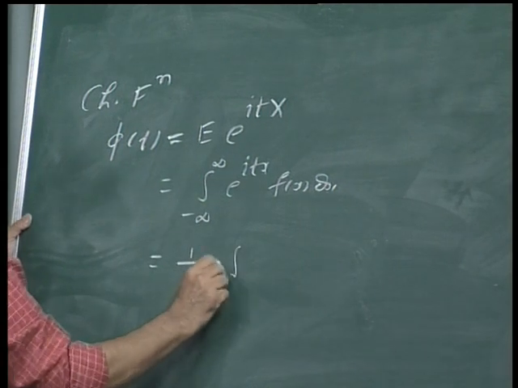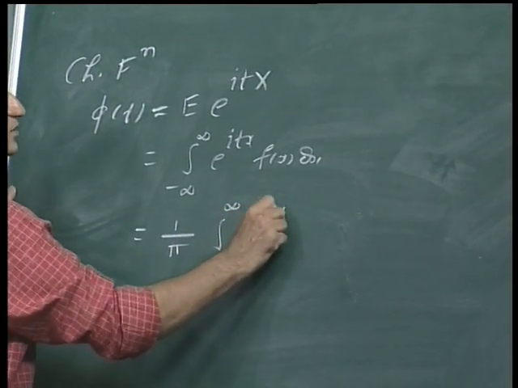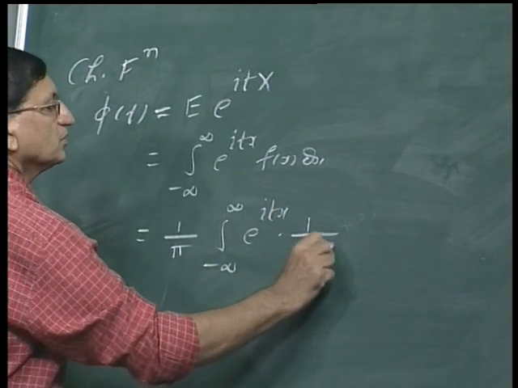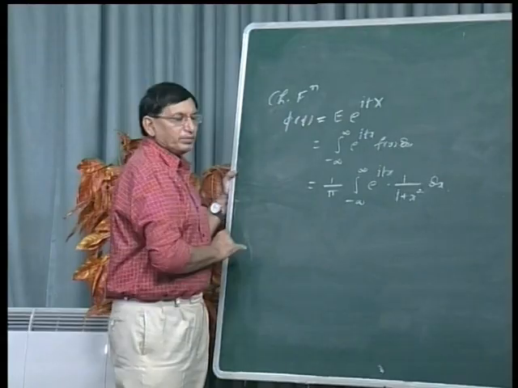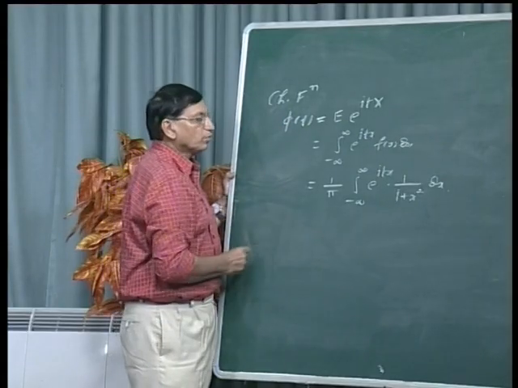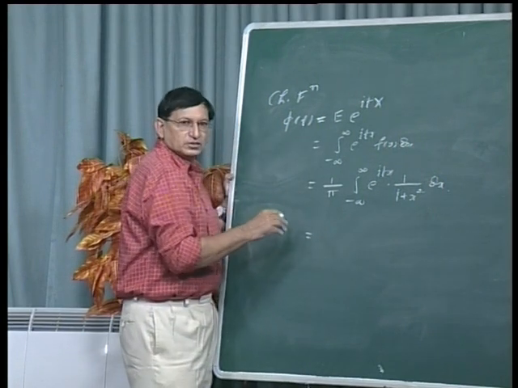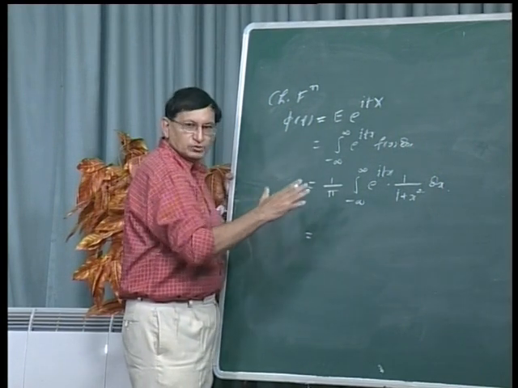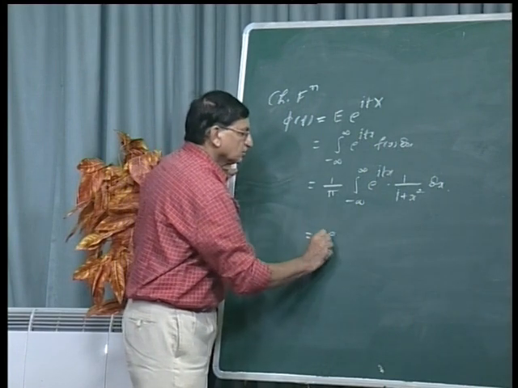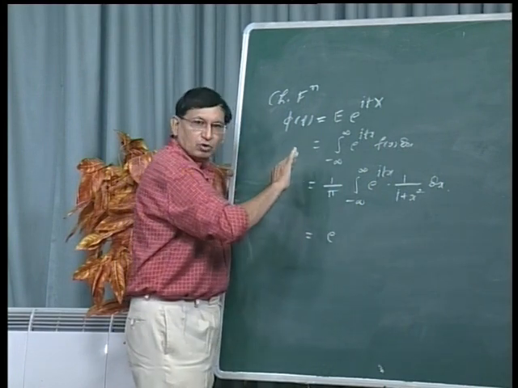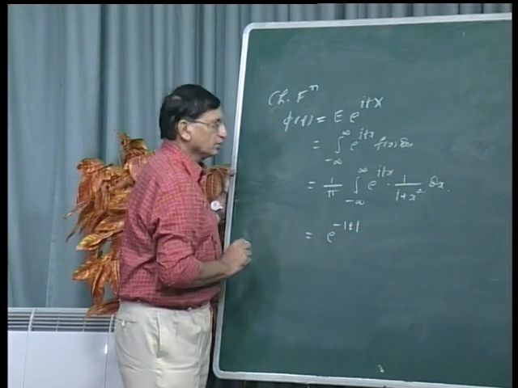So 1 upon pi integral minus infinity to infinity e raised to i t x 1 upon 1 plus x square dx. So actually this is a complex integral, and it is the case of contour integral. Contour integrals are not part of the syllabus up to TYBSc even, and therefore I just write it: if you obtain by complex integrals, this value is e raised to minus mod t.